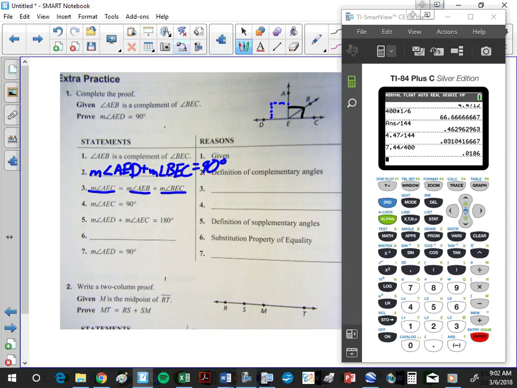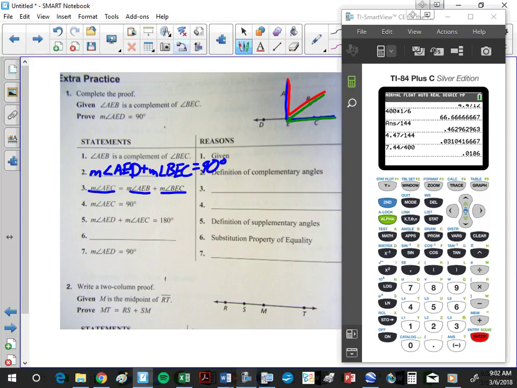So if you look at the picture, how do I know that the big angle is equal to this one plus this one? It wasn't told to us, but I know it's true. So how do I know that two angles next to each other add up to the whole angle? Two parts equal a whole. Yeah. So I would just write parts equal the whole.